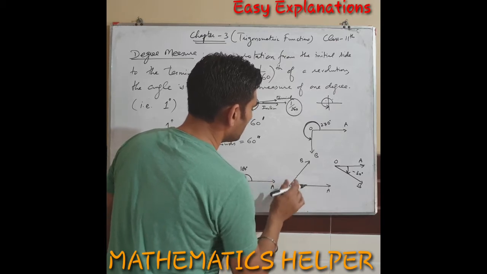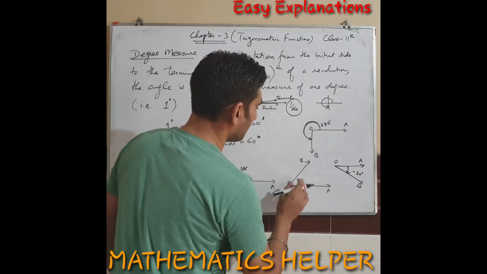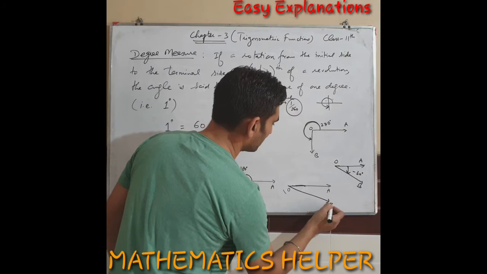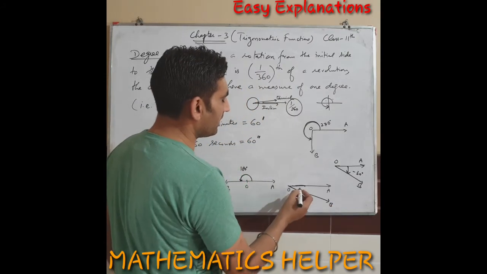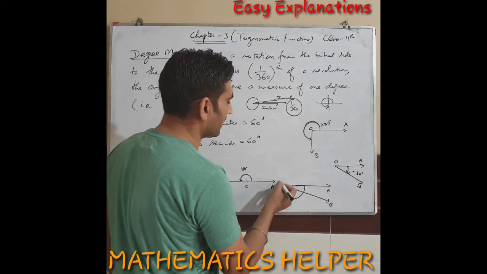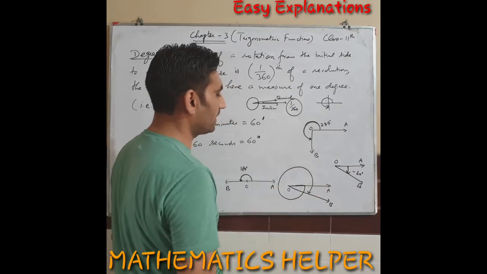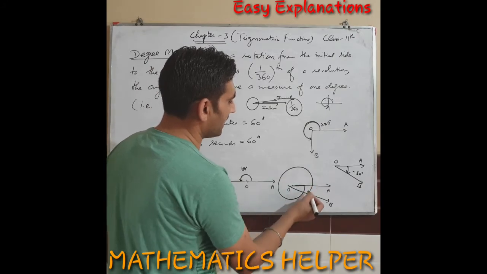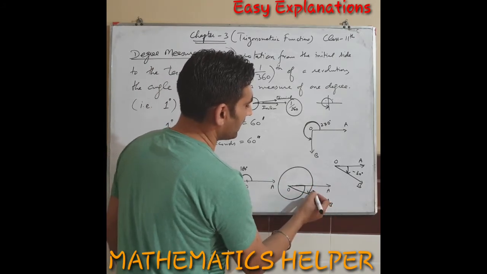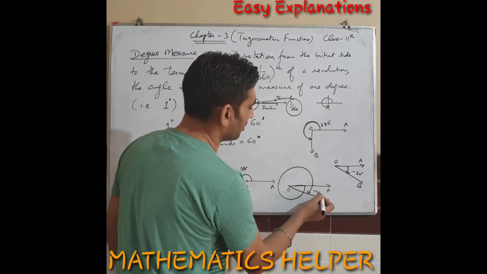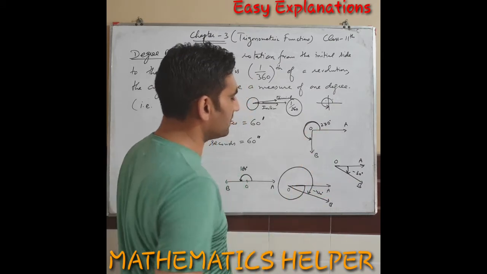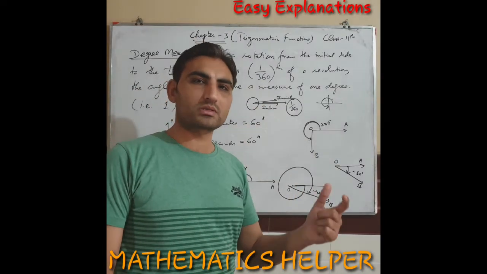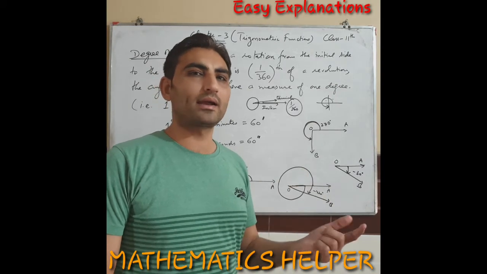If you have one complete round like this, and you are moving in this way clockwise and you are here now, then what will be the angle? One complete round up to this, and then this 60 degree angle, so your angle will be clockwise, meaning negative 420 degrees. 360 plus 60, 420 degrees. So just remember: anti-clockwise positive angles, clockwise negative angles.